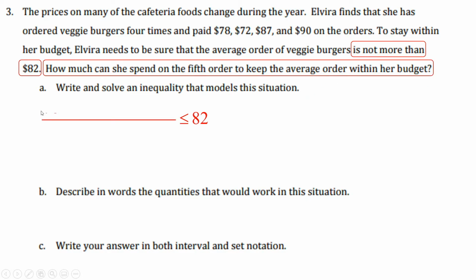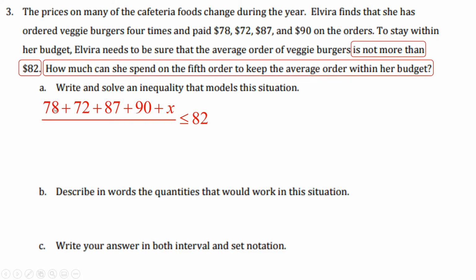Well, you add up all of these costs. So I'm going to go 78 plus 72 plus 87 plus 90, and that's the sum of the first 4 orders, that cost. And then we have what? The 5th order, which is X, so plus X. And now the average of 5 numbers, how do we find it?